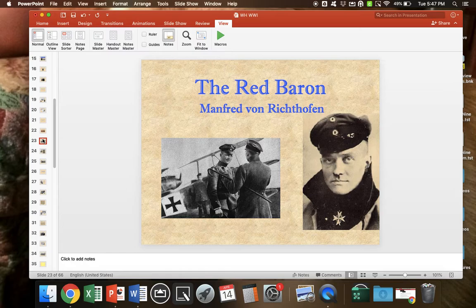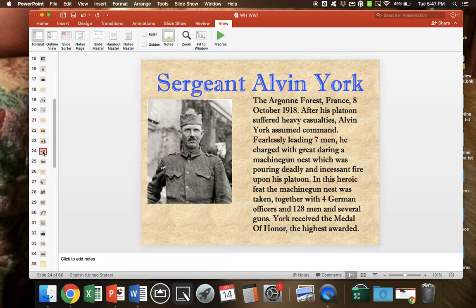We also have airplanes, the Red Baron, and the Red Baron is German. And those of you that are Peanuts or Snoopy fans, you'll recognize the Red Baron. Snoopy fought the Red Baron often in his imagination. But the Red Baron, again, is an essential part of the fighting for the Germans. Sergeant Alvin York, and I'm going to leave this up here so that you can read this.